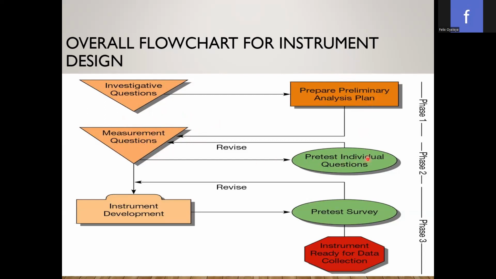And again, I've talked about testing. It is until you follow these 4 steps that you can consider your instrument ready for data collection. And again, I can't overemphasize this, it is important you carry along a statistician in the course of your questionnaire design.